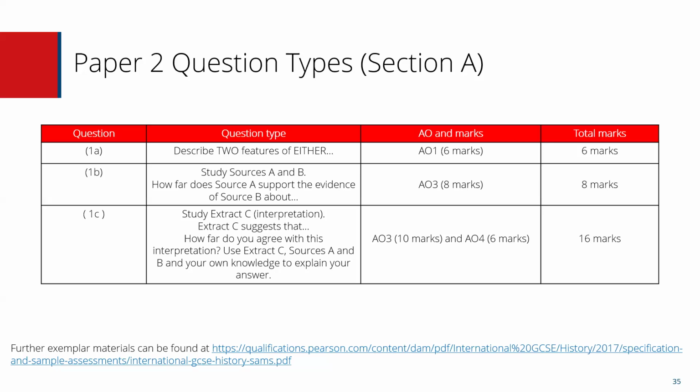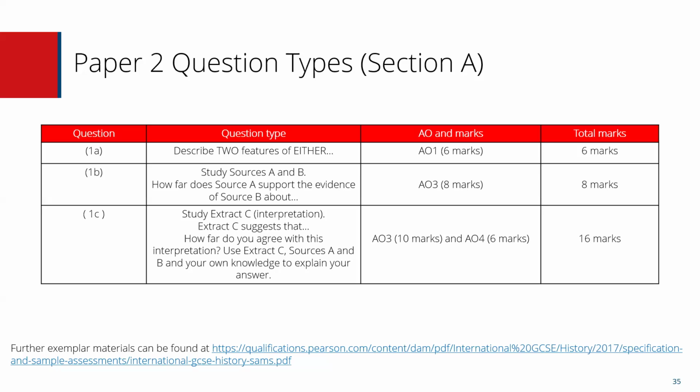Like I said, the question structure is always the same, and I'm just going to go over again the importance of the emphasis on the assessment objectives. We've got the 1A, this is the 2 features, and AO1. The B question is looking at sources, so AO3.